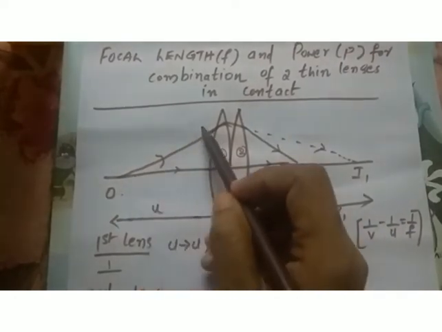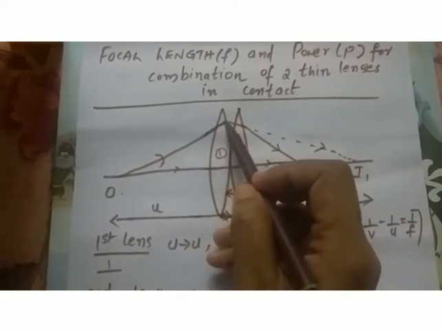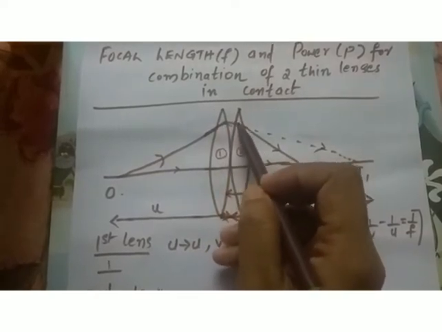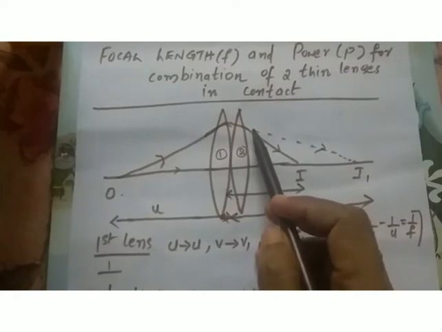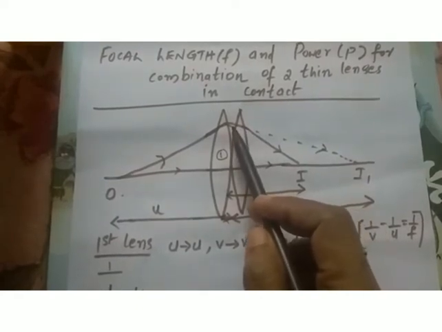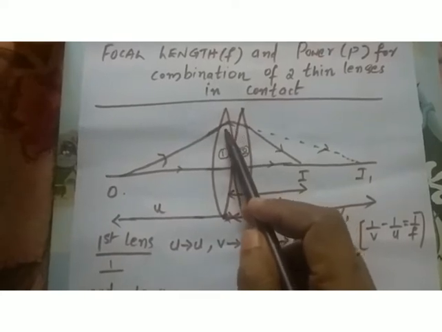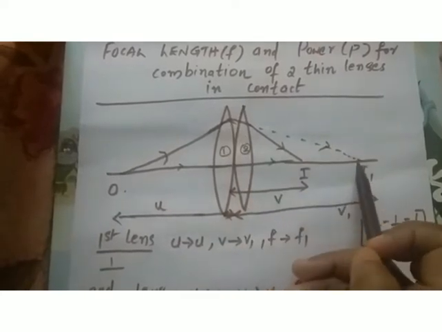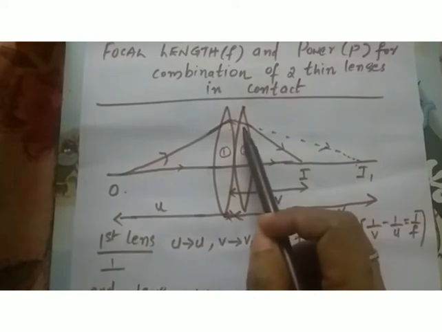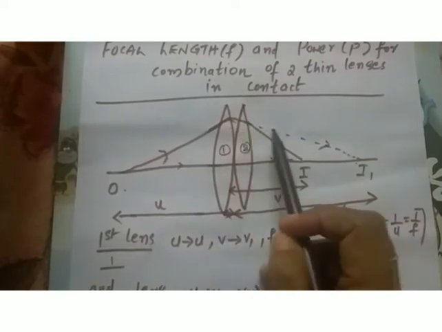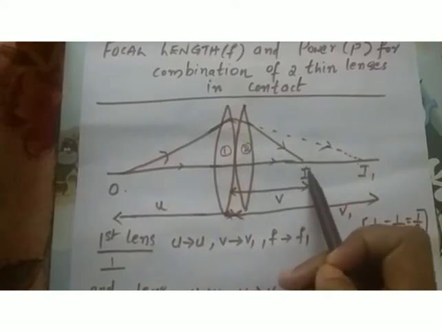Light ray from the object goes through the first lens, undergoes refraction, then goes through the second lens. In the absence of the second lens, the image produced by the first lens might have been produced here, but due to the presence of the second lens, the final image is produced here.